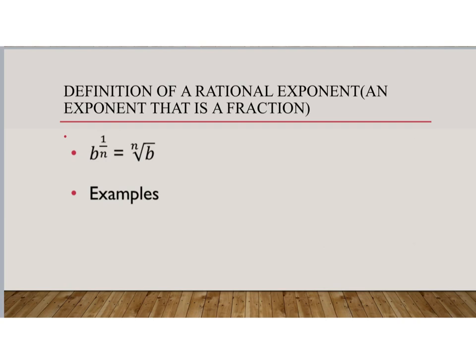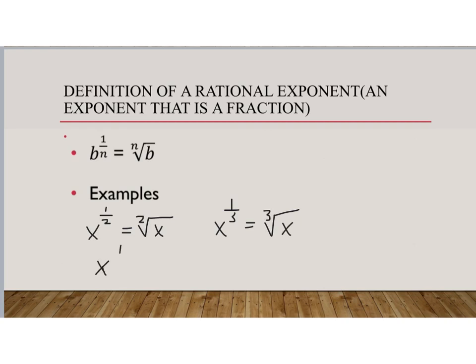So for example, x to the 1 over 2 power, or x to the 1/2 power, is the same as the square root of x. There's nothing in the index, but this could be written as a 2. And then vice versa, x to the 1/3 would be the cube root of x.